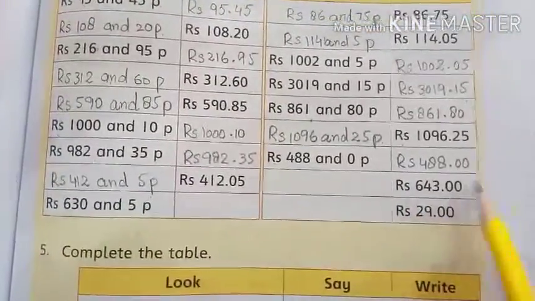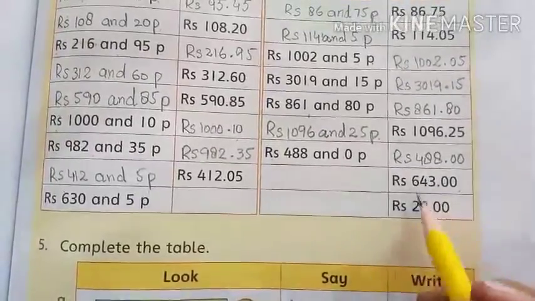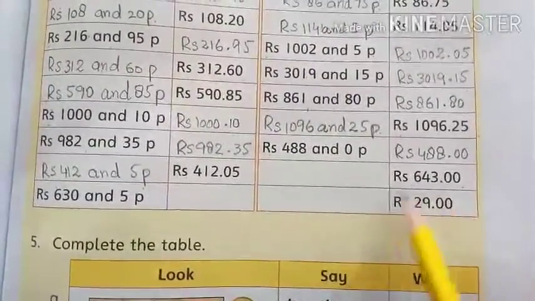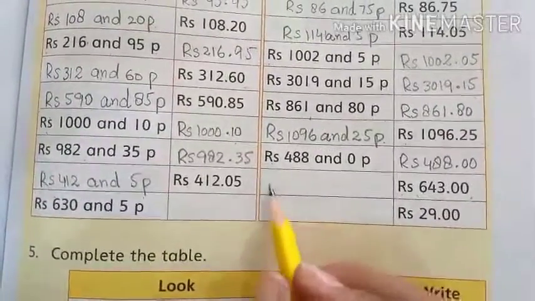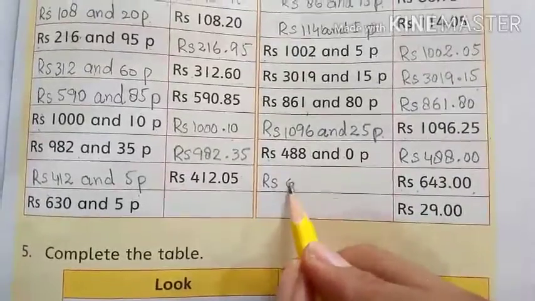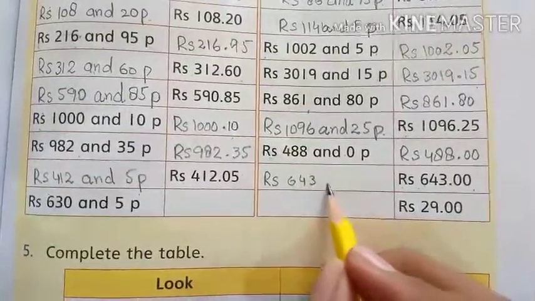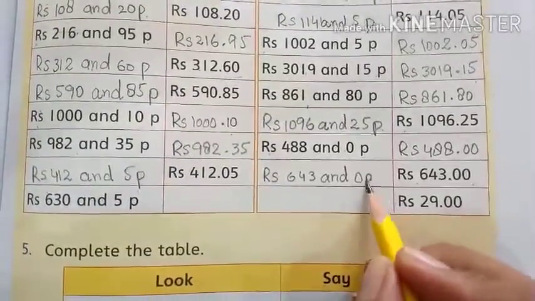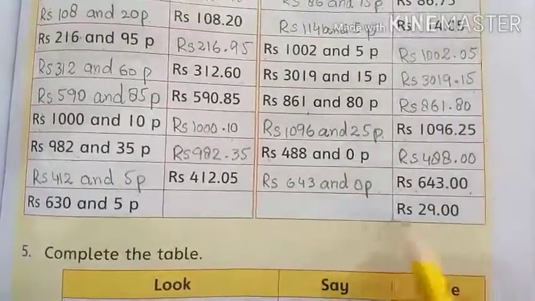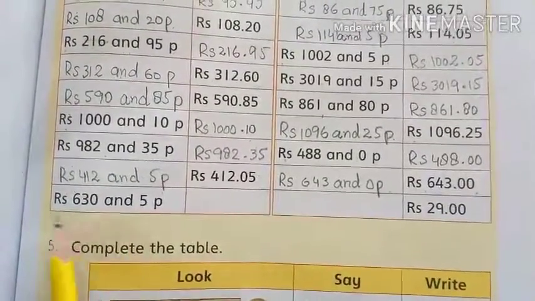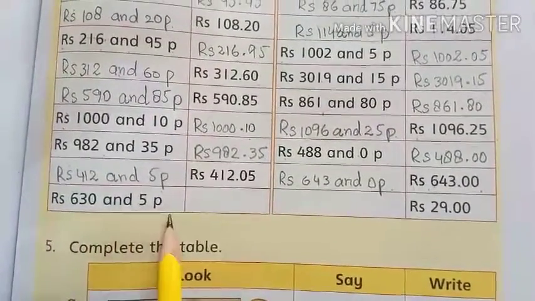The next one is in short form, rupees 643.00. As we have to write in the long form, we will write like this: rupees 643 and 0 paise. Okay students, the next one is in long form rupees 630 and 5 paise.